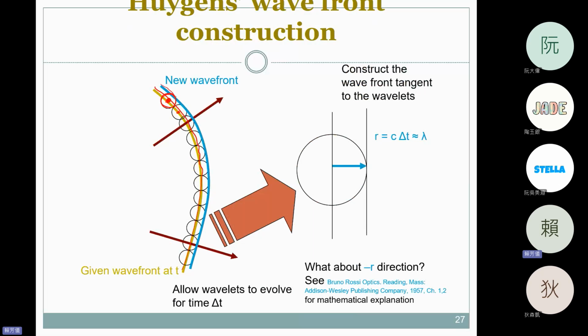Then we connect the tangents to the wavelets, and we will construct the new wavefront. So what is the diameter of the wavelet? That will relate to your wavelength.